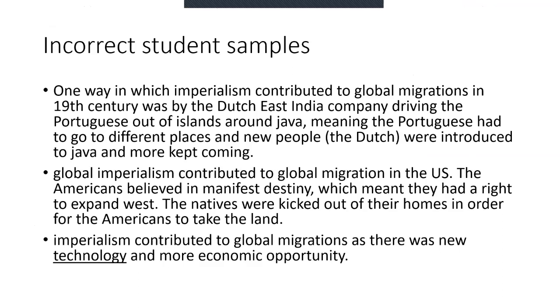One way in which imperialism contributed to global migrations in the 19th century was by the Dutch East India Company driving the Portuguese out of the islands around Java. Now, no, it's not really the right time.